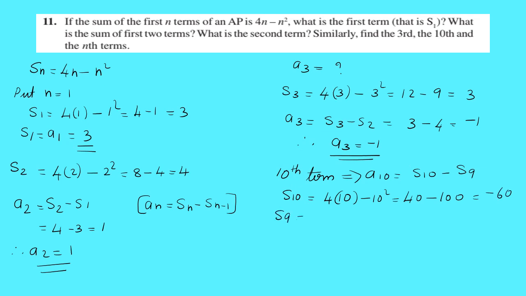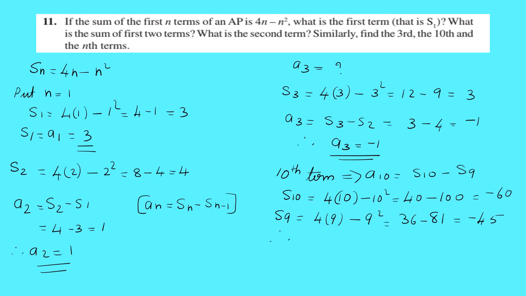S9 equal to 4 multiplied by 9 minus 9 square, that is 36 minus 81, that is equal to minus 45.